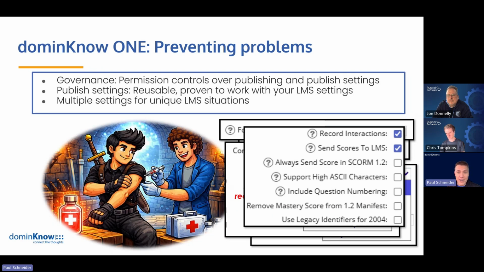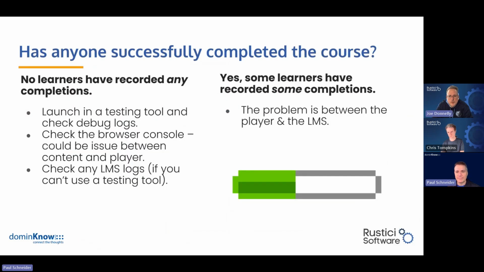Or maybe you're launching content in Europe and they don't want you to track the actual score because it's against compliance in that particular country. That's something that you can set and override and just not send the score as the data. So these are all different things that you can adjust for your unique situation, save, and then manage at the top level.